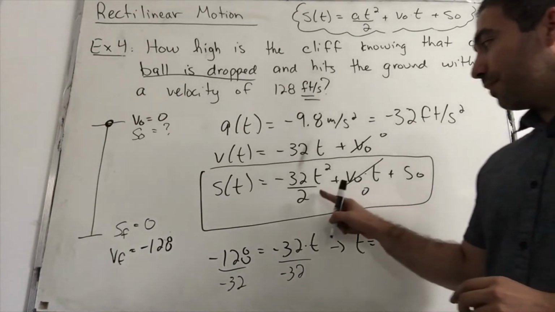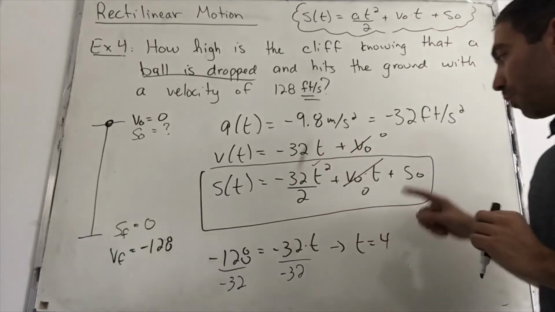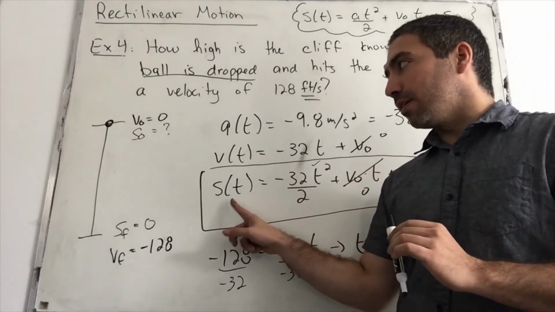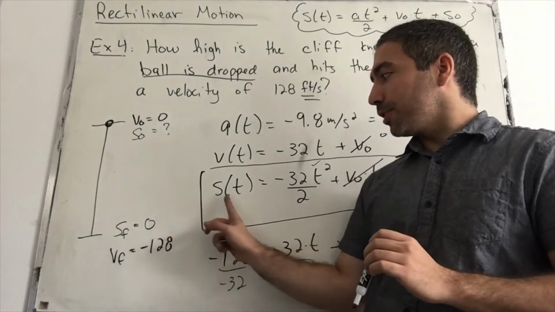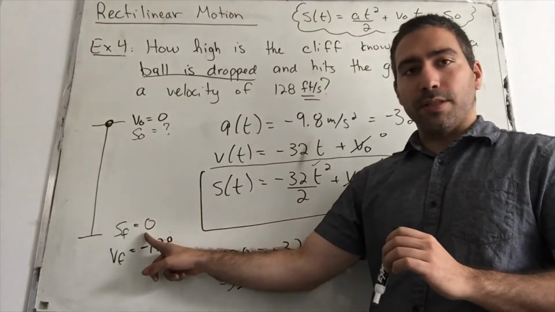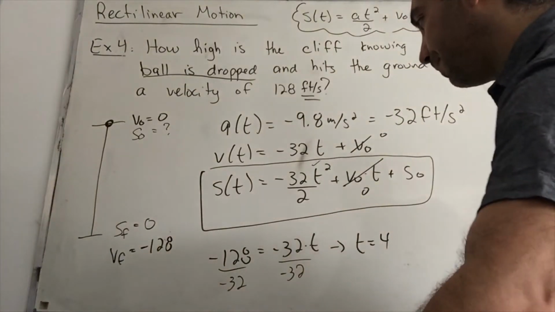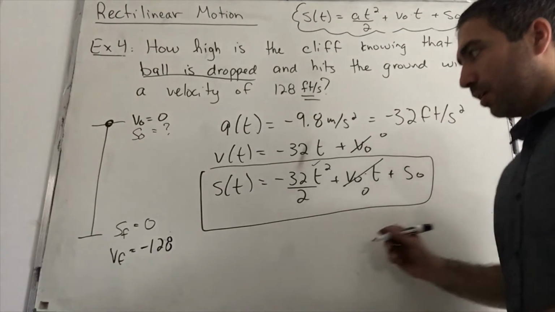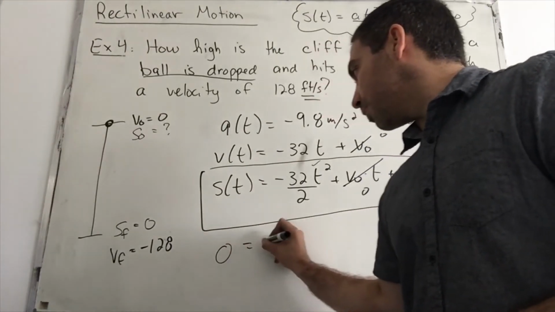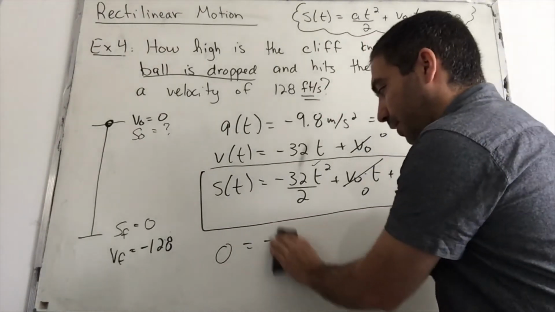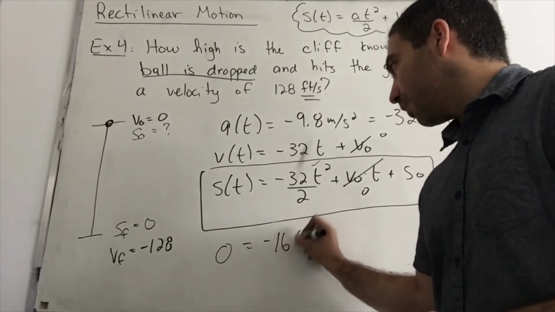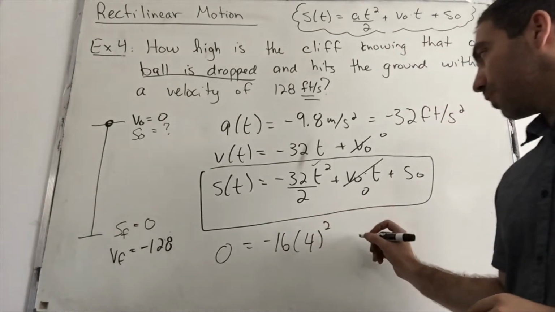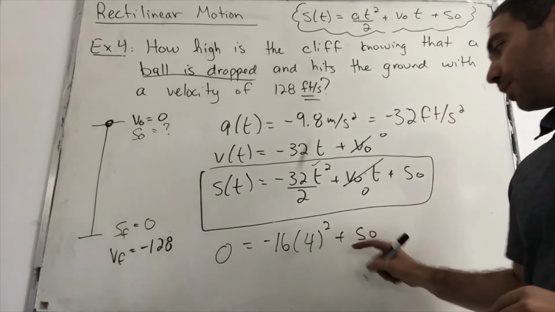Okay, so now we have the value of t. This is great. All we're missing now to find S0 is S of t, which we have. S of t is the final position, which we know to be 0. So let's go ahead and plug that in. And recall t is 4. So we get 0 equals negative 32 over 2, which is just negative 16, times t, which is 4, squared, plus S0, and now we can solve for S0.